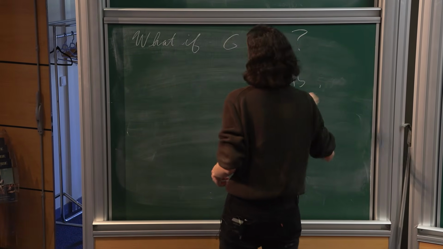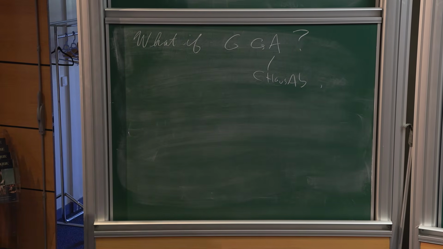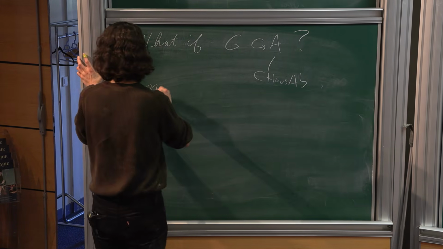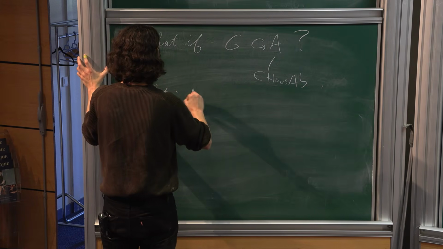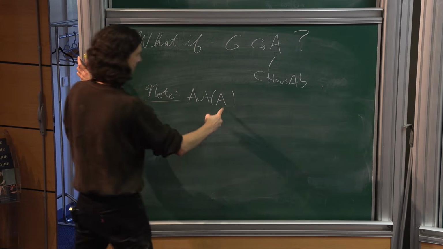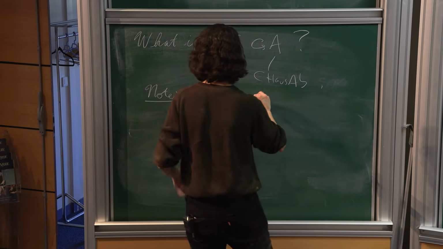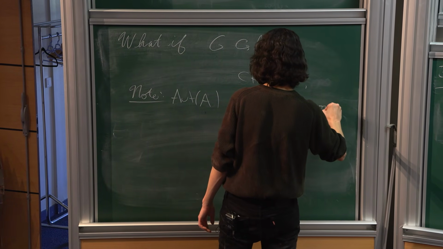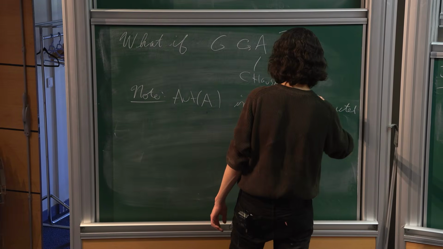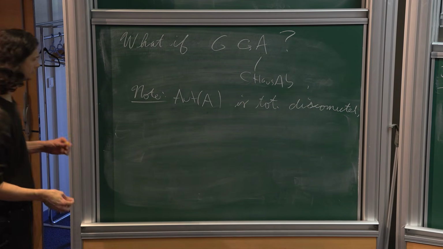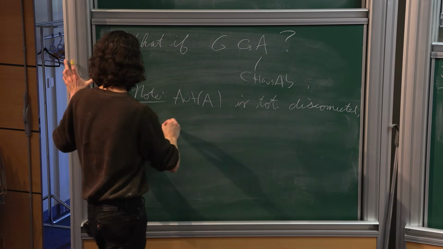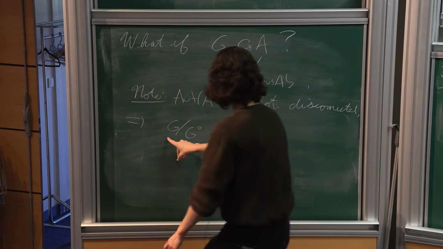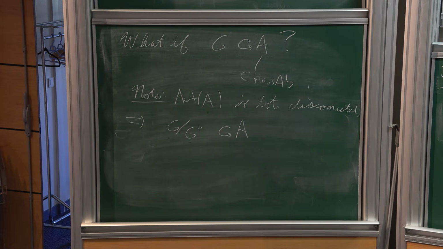The remark that I want to make is that, note, the automorphism group of a compact Hausdorff abelian group is totally disconnected. So that means that this factors through the connected component of the identity.